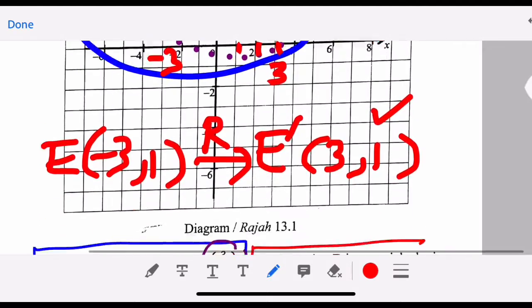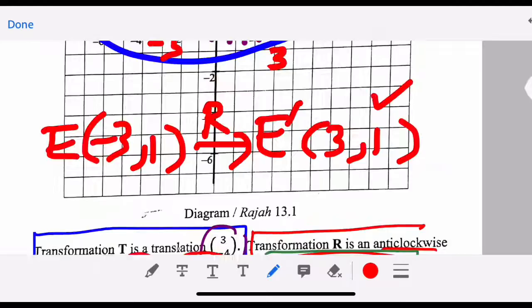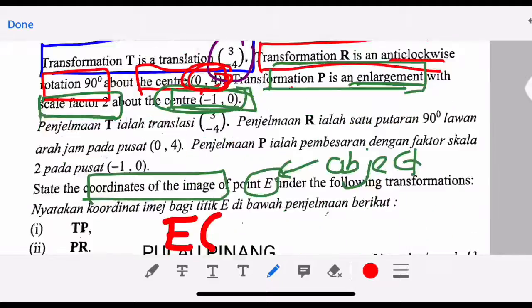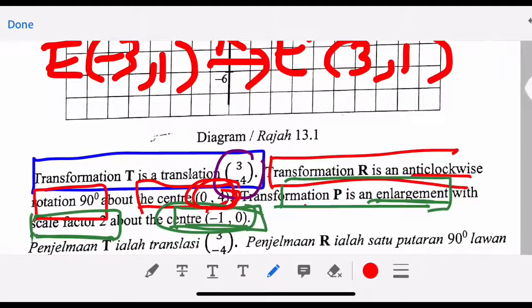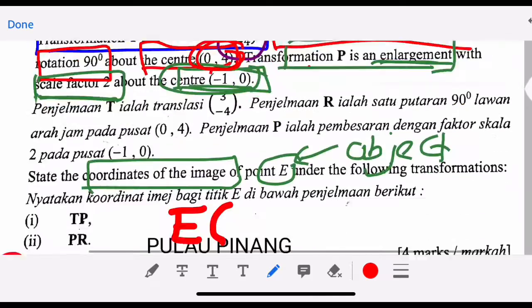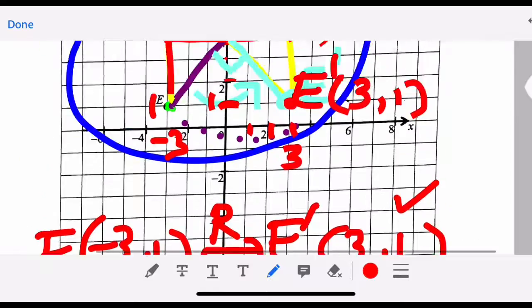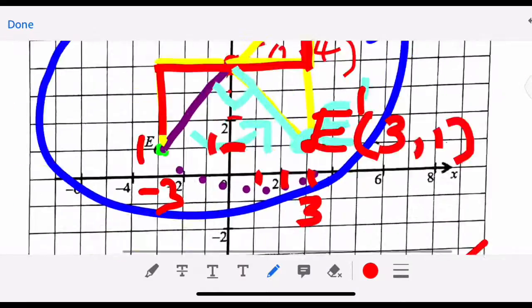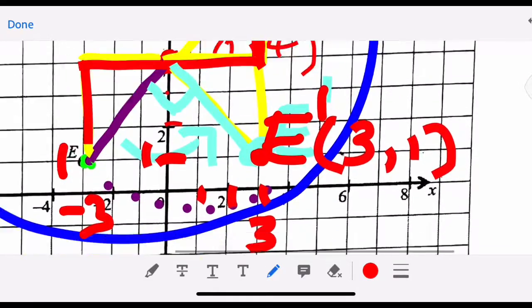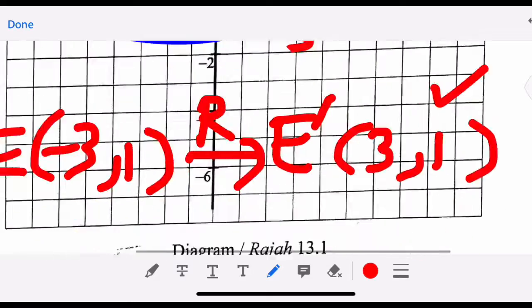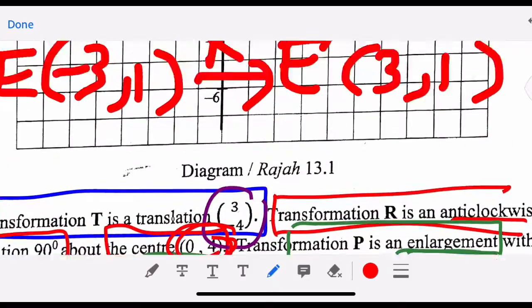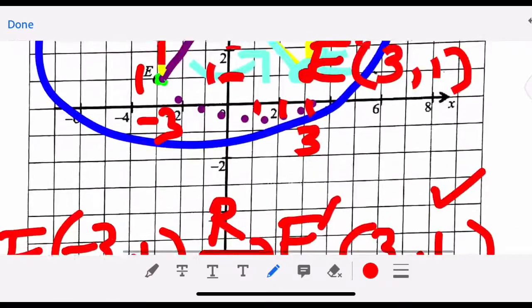After that, we are going to do the P. P is enlargement, you know. So we are going to enlarge this point from the first image. The center of enlargement is at negative 1, 0.